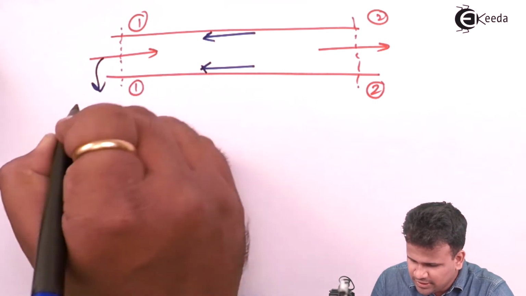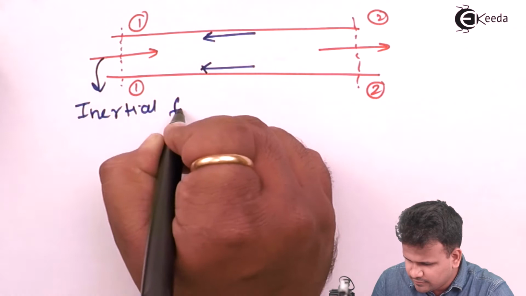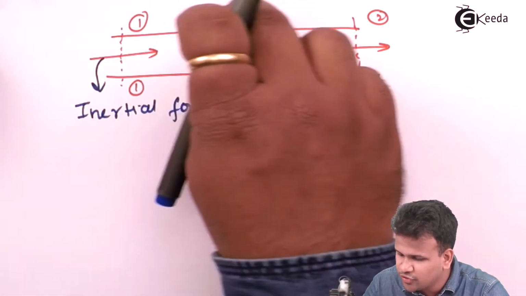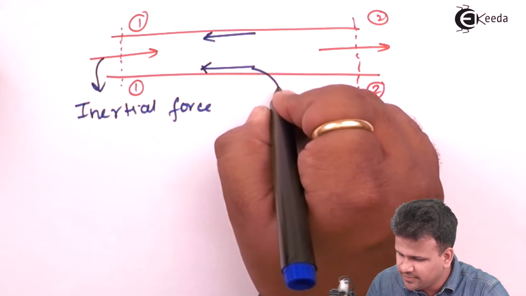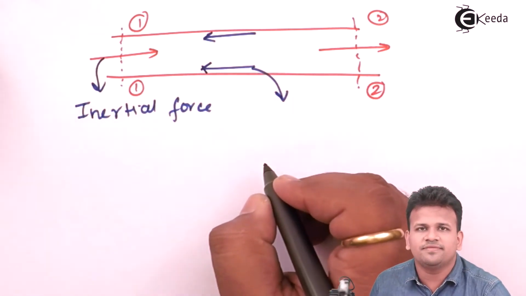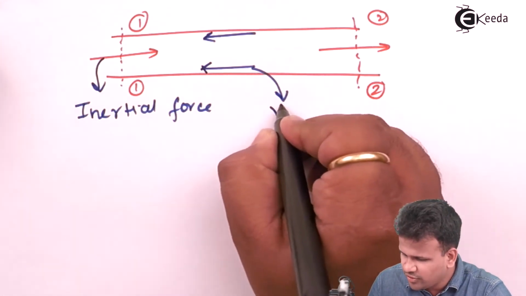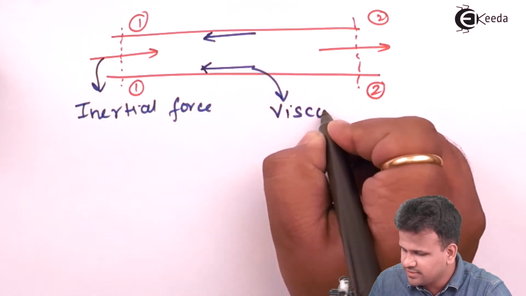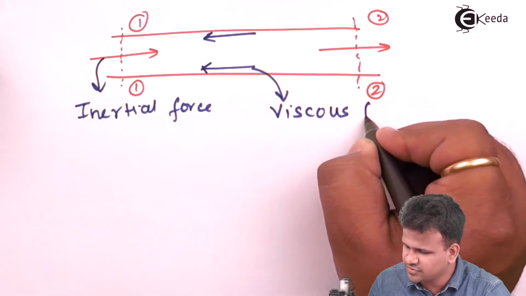So due to inertial force, the fluid wants to flow from section 1 to section 2, but there is a resistance offered by the viscosity of the fluid, hence this force is called viscous force.